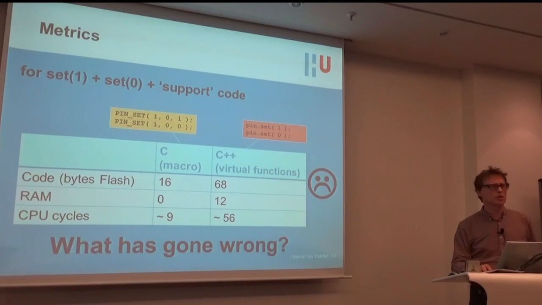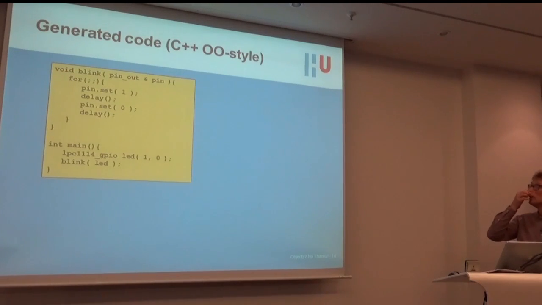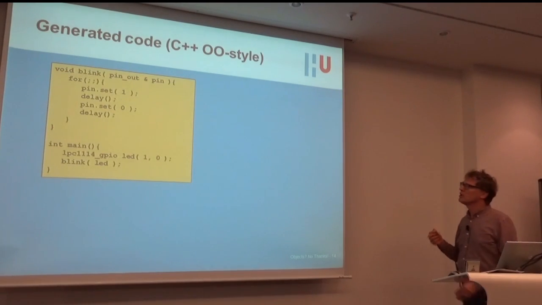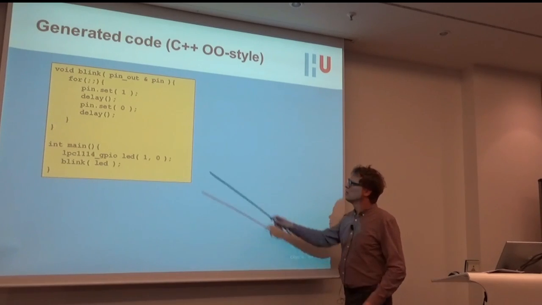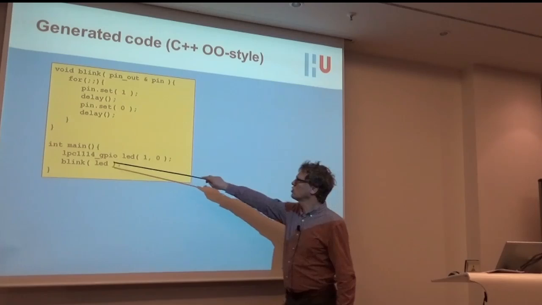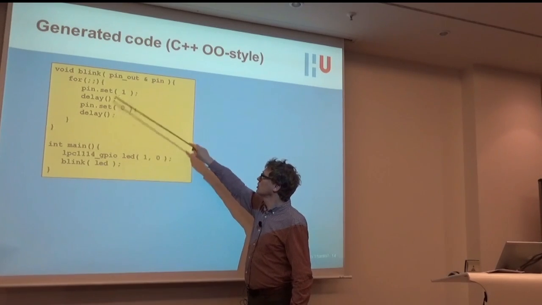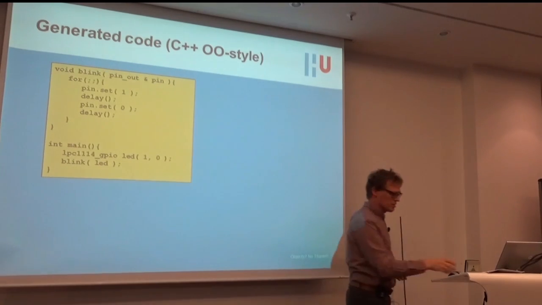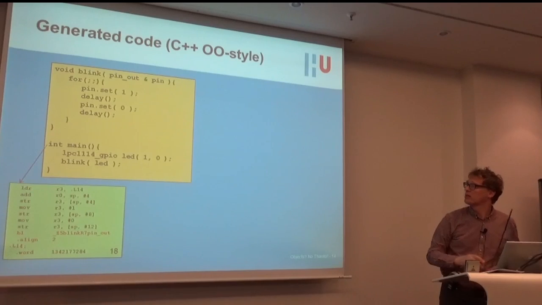Why? What has gone wrong? Why does our nice abstraction take so much resources? Well, this is what we do to blink the pin. We create the object, pass the object to the function, and the function calls the virtual method. What does that take to do?